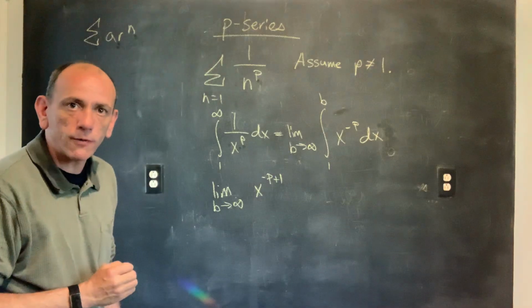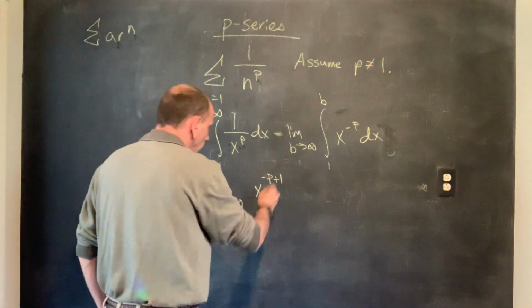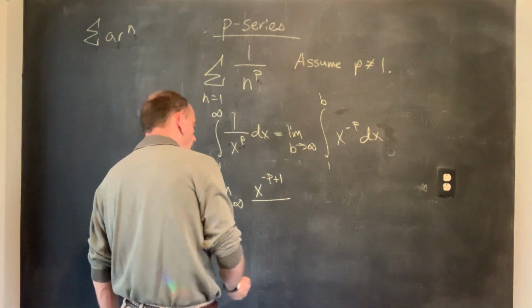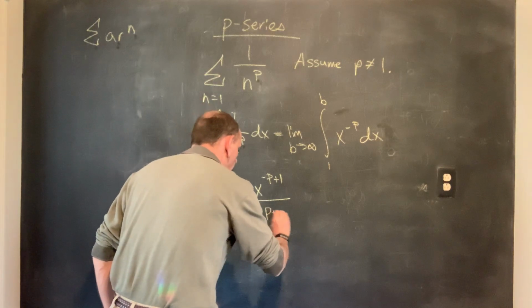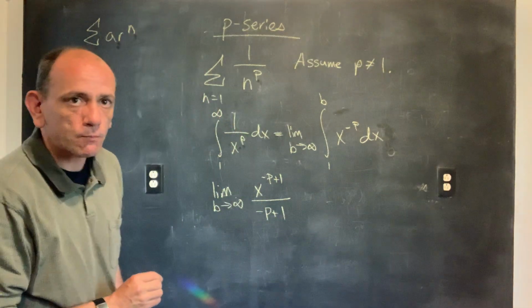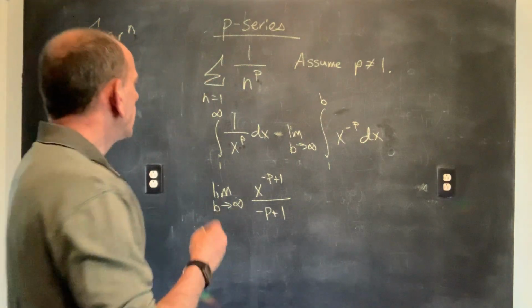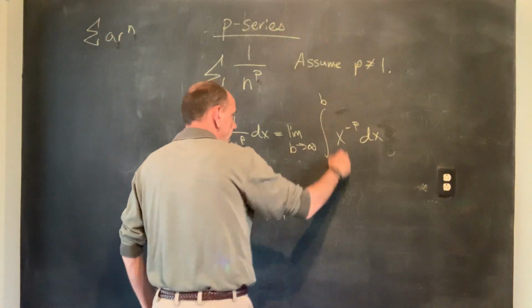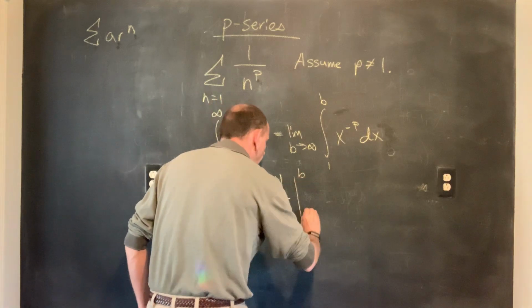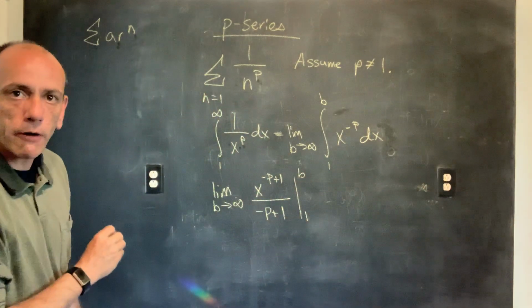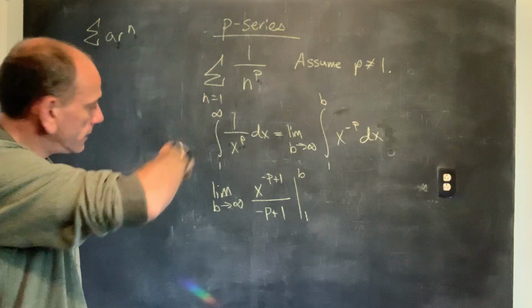This is my power rule for integration: add 1, divide by the new power, negative p plus 1. I need to evaluate that at b and 1. So this was just the power rule for integration.